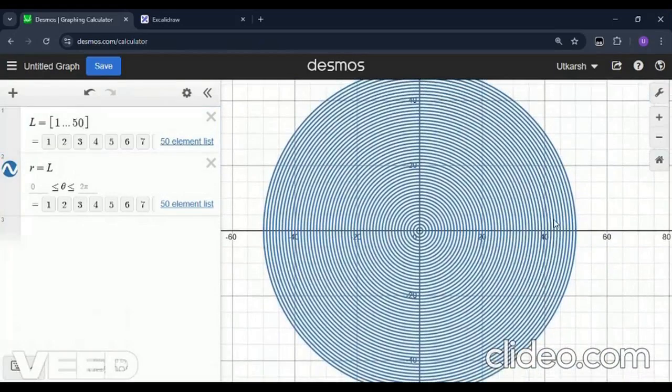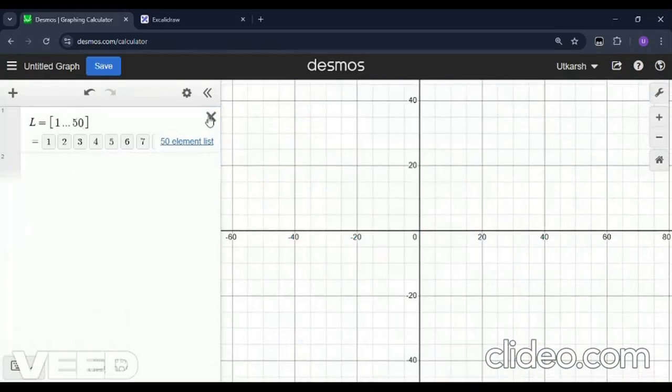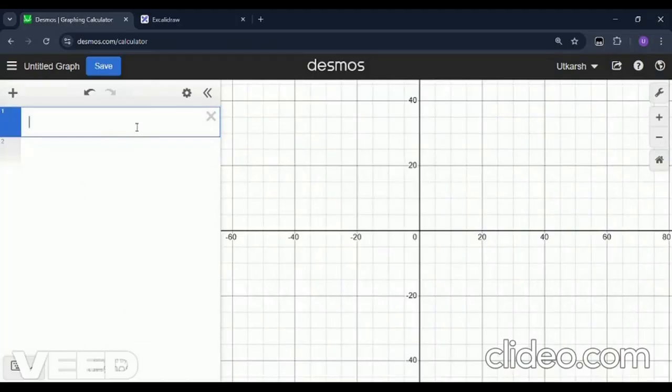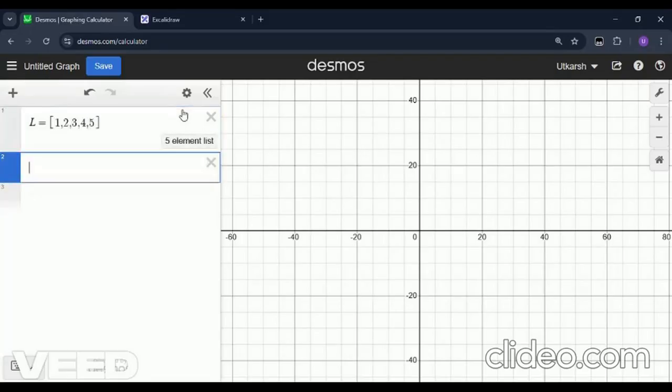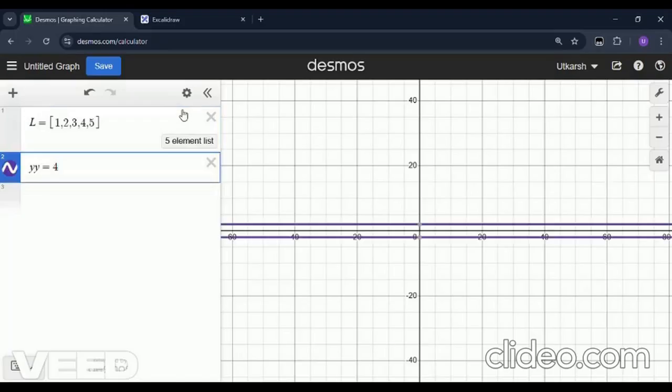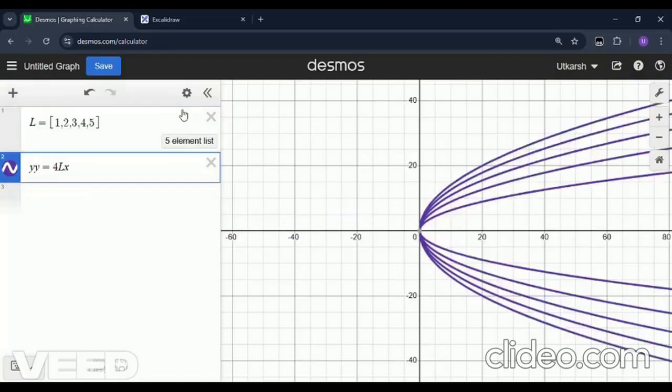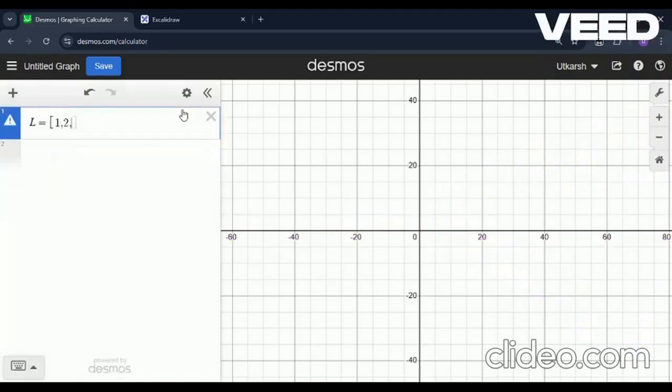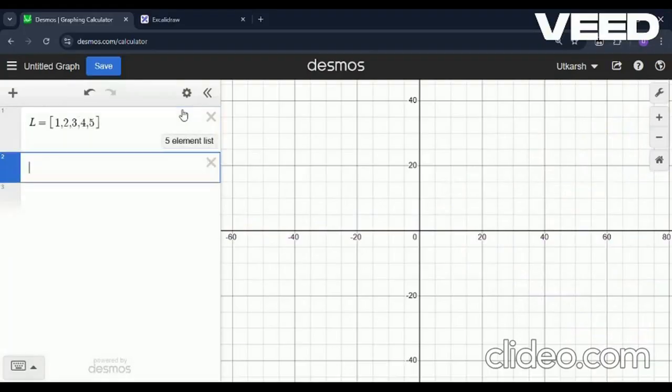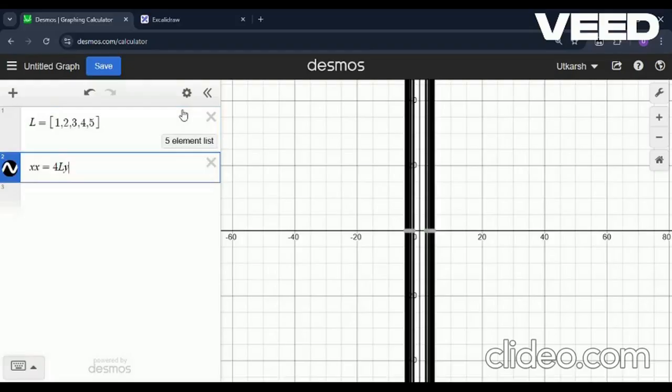So this is actually a very useful feature, and not just in circles, you can also create multiple parabolas. Sorry, I don't know why I just deleted the list. Let's make a new one. And 5, yeah. So let's suppose we have to draw a parabola x square equal to 4Ly.